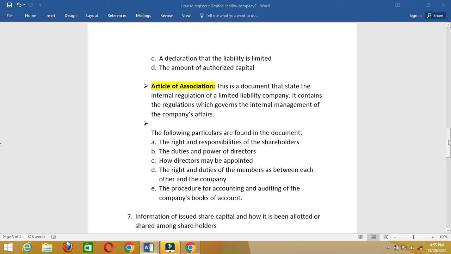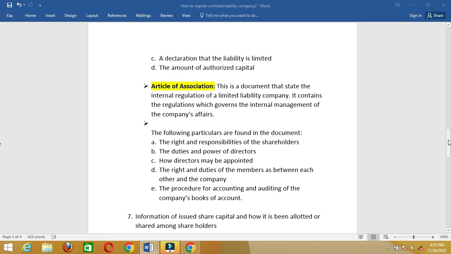So what they will do is go out to appoint people, to employ people as directors that will manage the affairs of the company. However, in a small company, a shareholder can also be a director. Yes, it's possible in a small company.